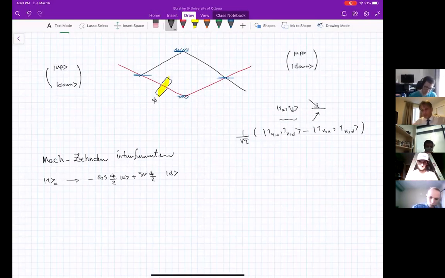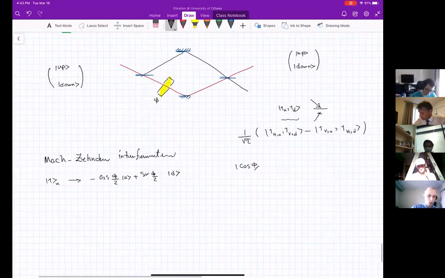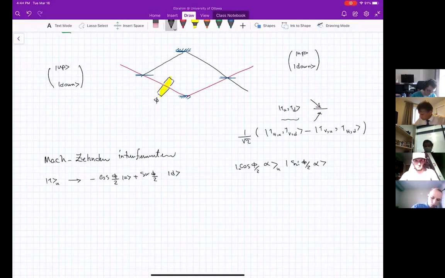And if you remember, we did the calculation also for a coherent state, and at the end, correct me if I'm wrong, I think we got something like cosine of phi divided by 2 with the negative sign of alpha going up, and then sine of phi divided by 2 of alpha going down.